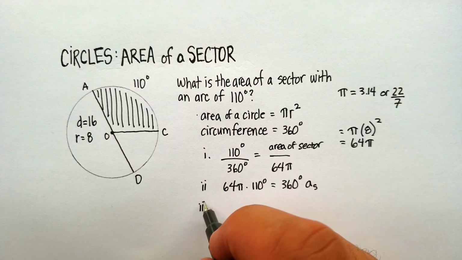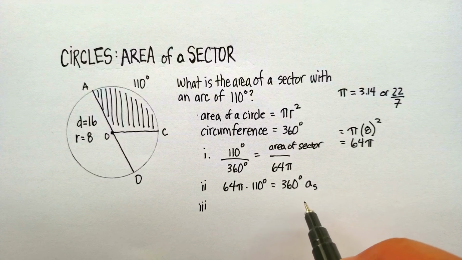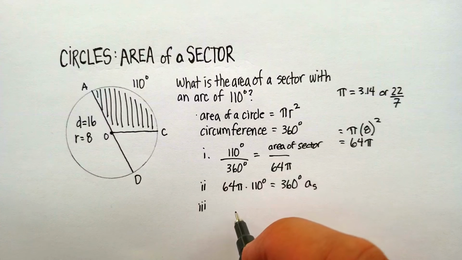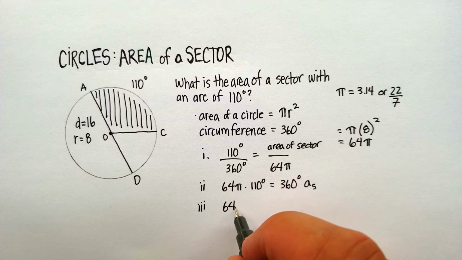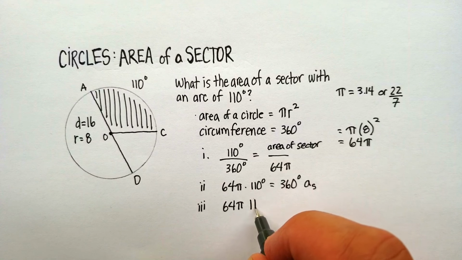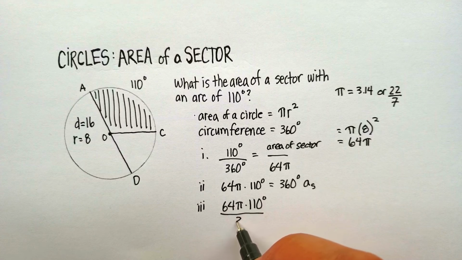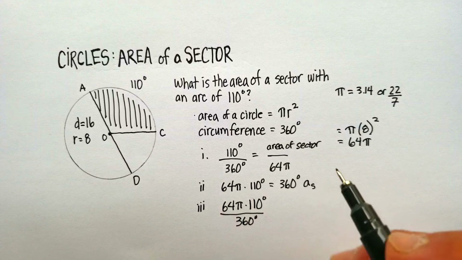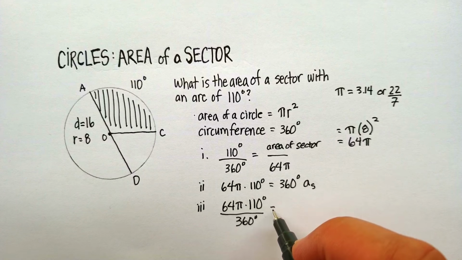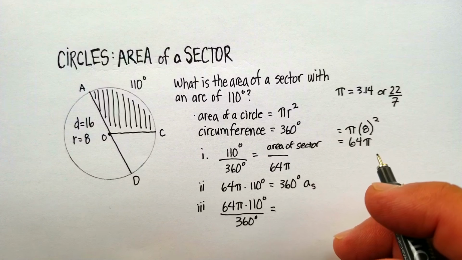Then we divide both sides by 360, and we should come up with the area of the sector. So 64 pi times 110 over 360 degrees. Degrees are going to cancel out degrees, and I'm going to come up with the area of the sector, right?